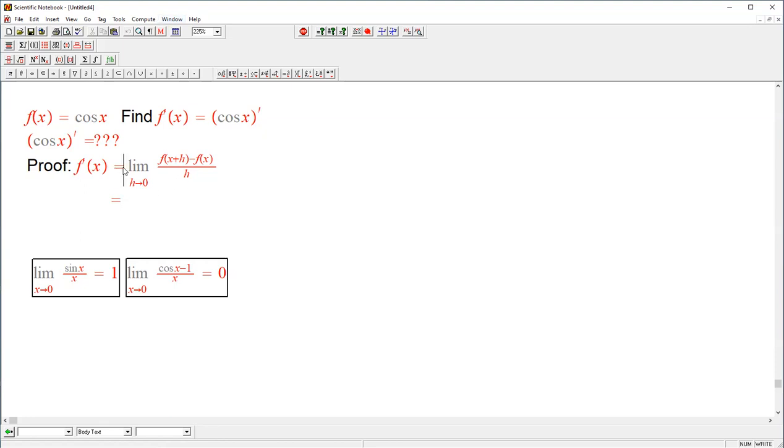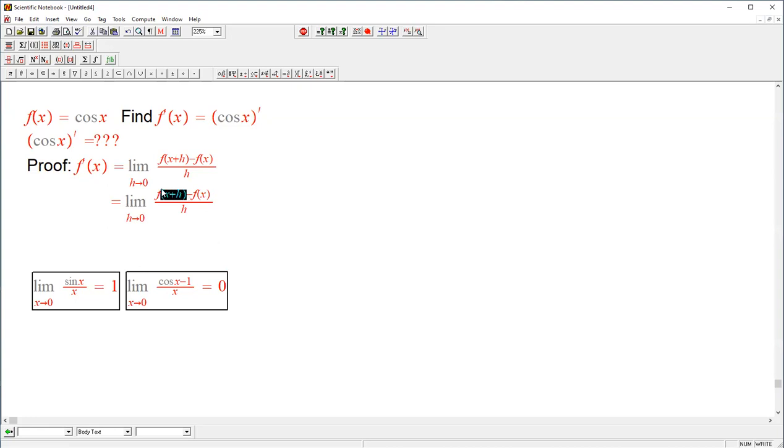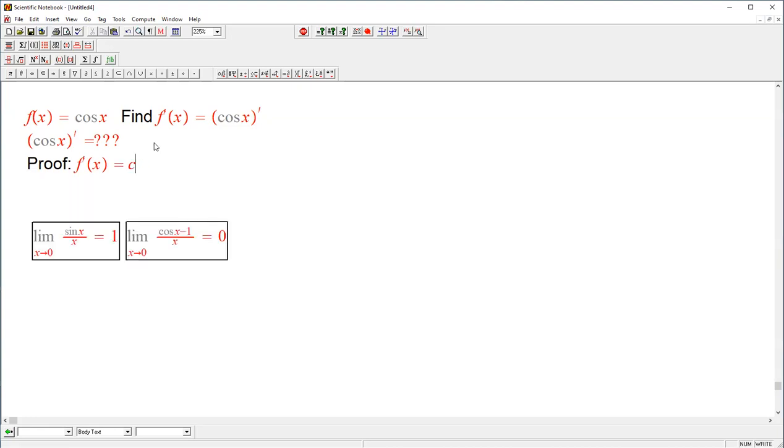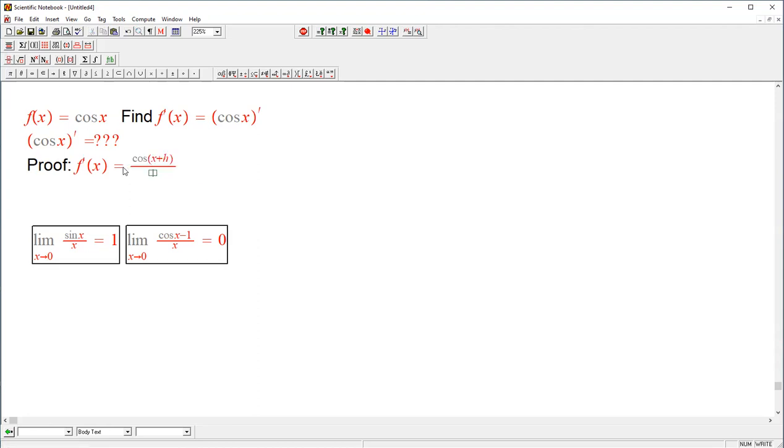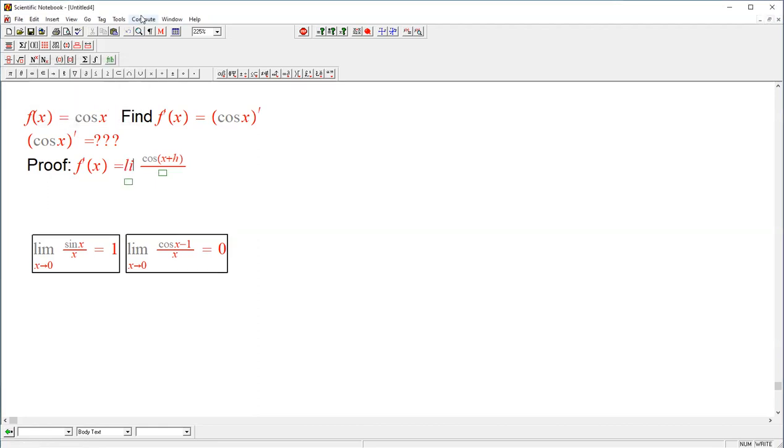Over here, we're getting the limit as h approaches 0 of cosine of (x plus h) minus cosine x, divided by h.